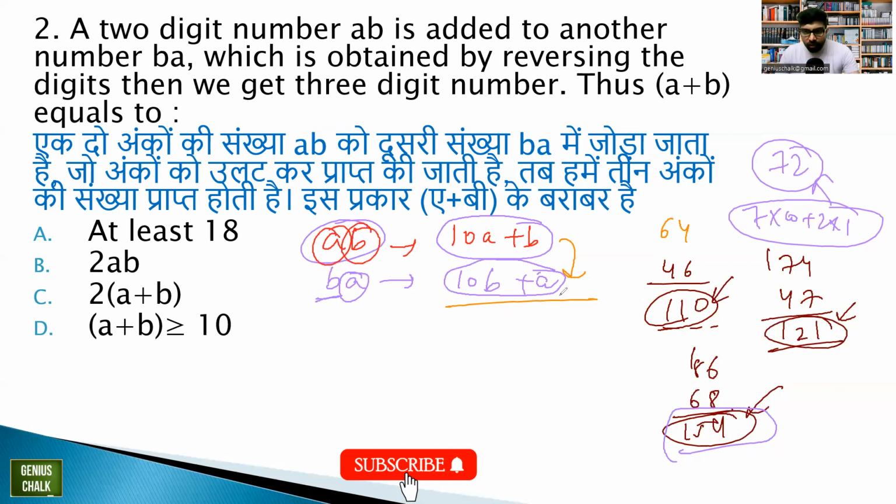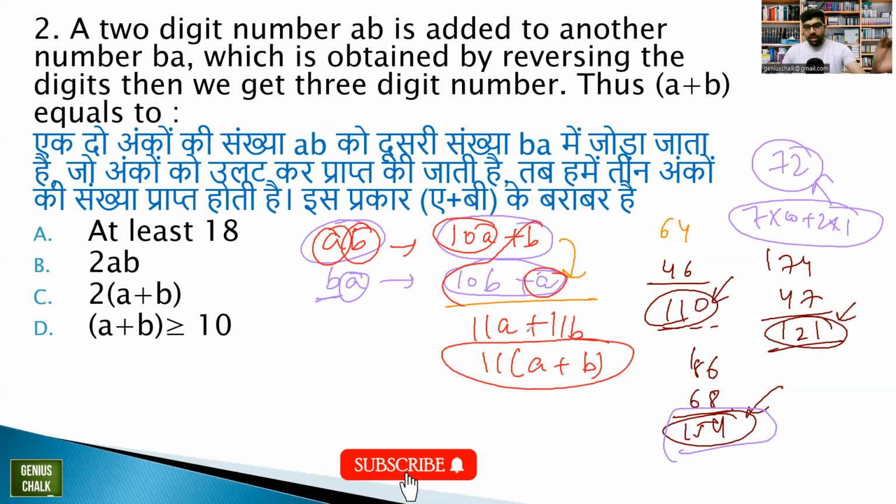If I add, this 10A plus A will be 11A, and this B plus 10B will be 11B. That means I can conclude it is 11 times (A plus B). That's why whenever I choose any two digit number, let's say I have chosen 72, it becomes 27, the sum will always be a multiple of 11. This is the first thing you have to understand.